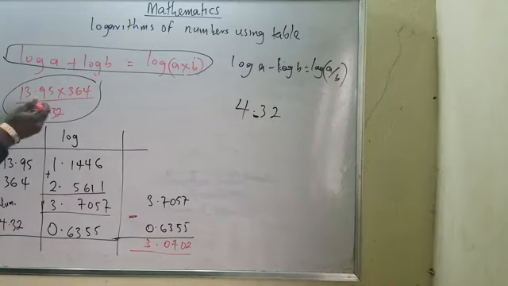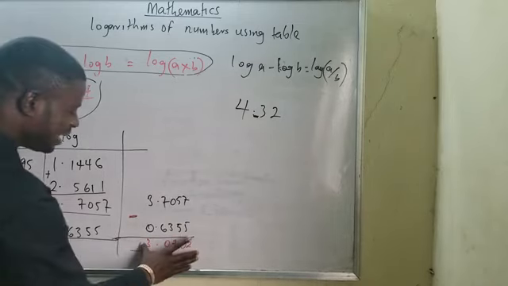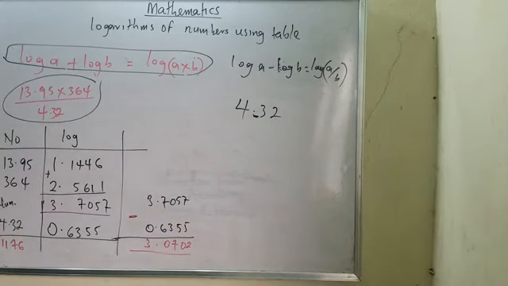It means when I multiply and divide these numbers together in the normal number form, it will give me 1176. This is the number in multiplication form, and this is the number in logarithm form.